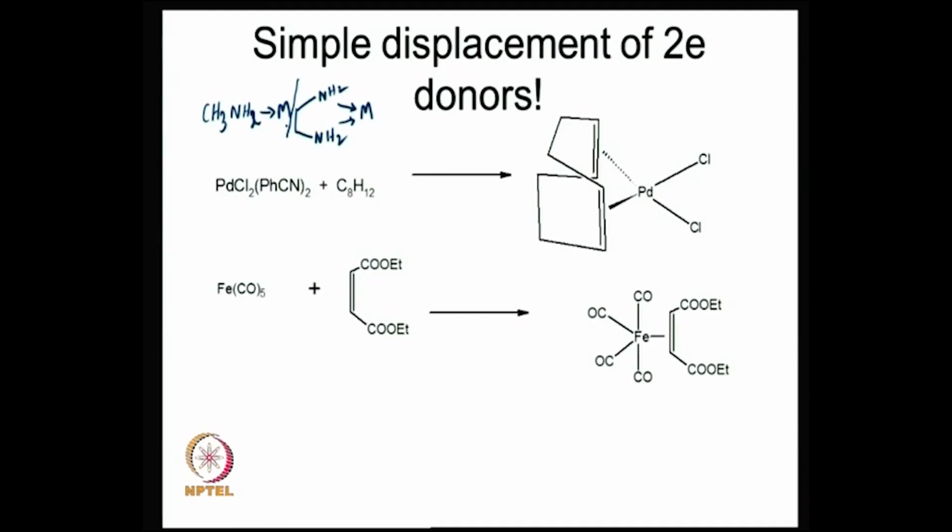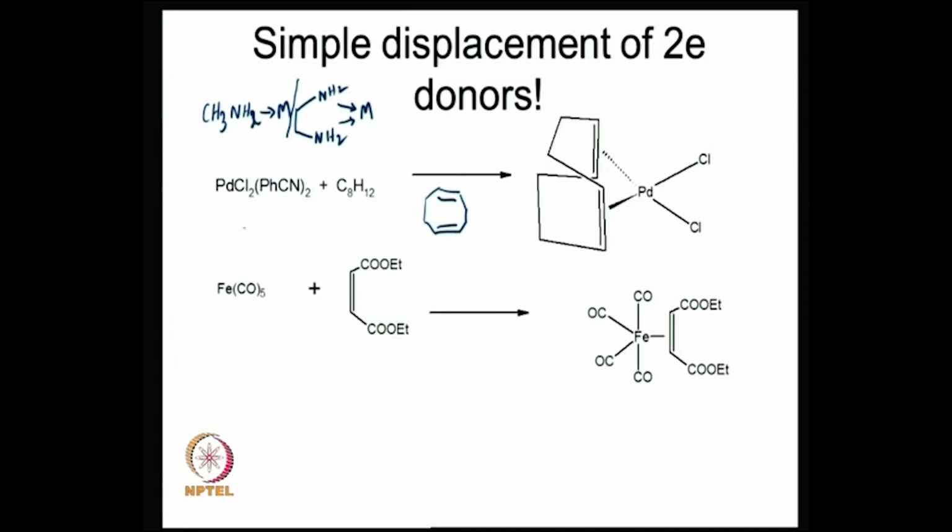A similar situation can happen in the case of olefins, and here we have pictured cyclooctadiene, which is written in a convoluted form purely because it has to bend in that fashion in order to bind to the metal, so that both olefin faces can be facing the palladium atom.